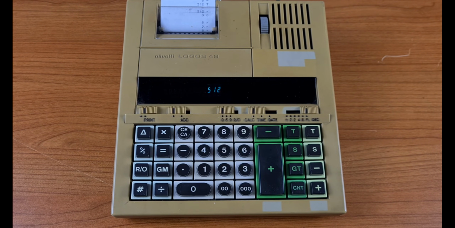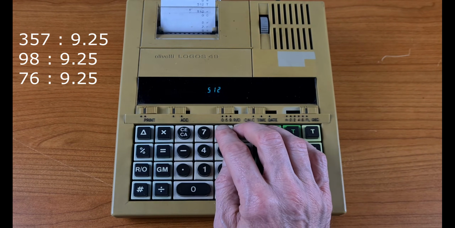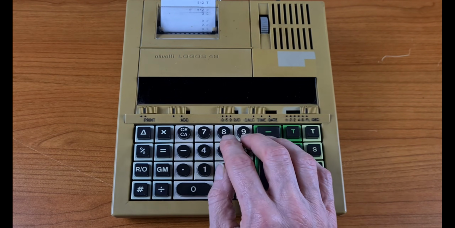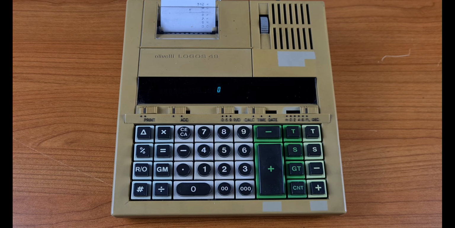You can do also divisions with a constant factor. Let's say you have a series of numbers and you have to divide all these numbers by 9.25. Instead of typing 9.25 every time, you can do like this.